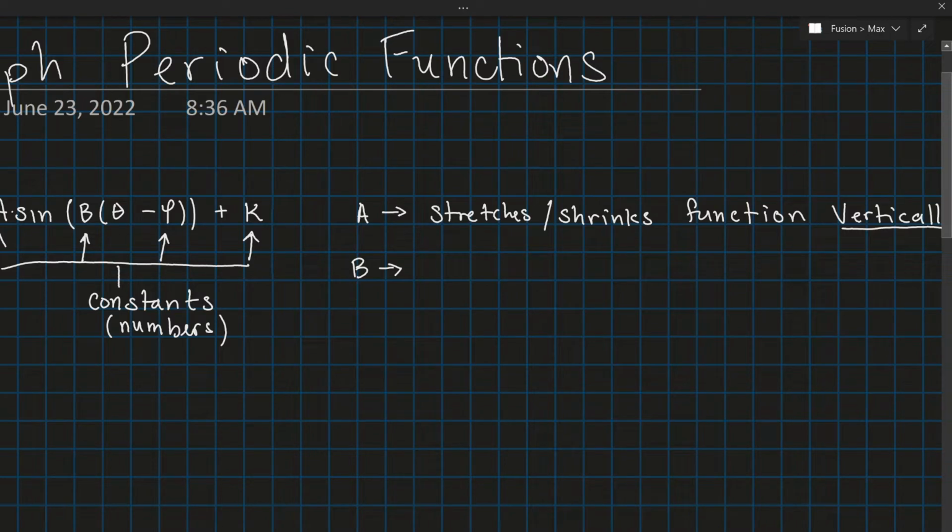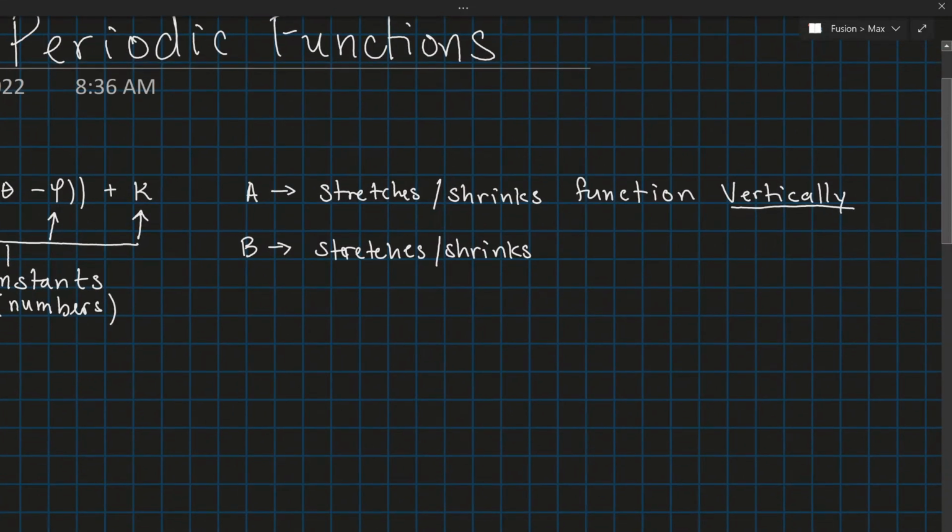B stretches or shrinks horizontally. Exactly. Good. Because it's also being multiplied.